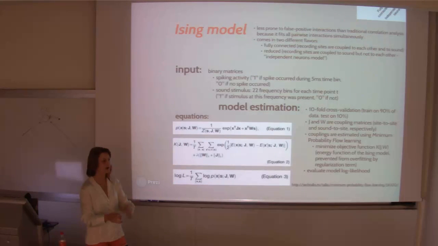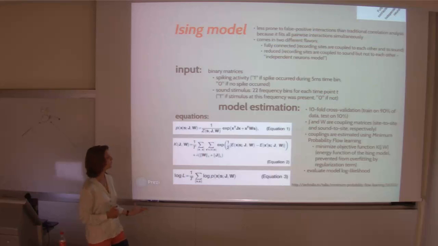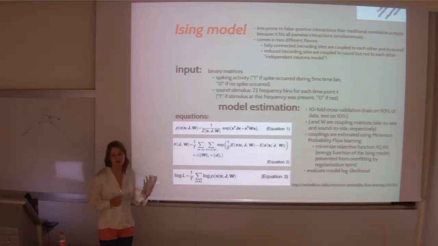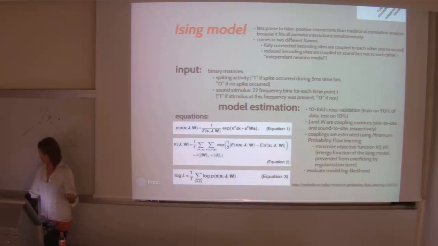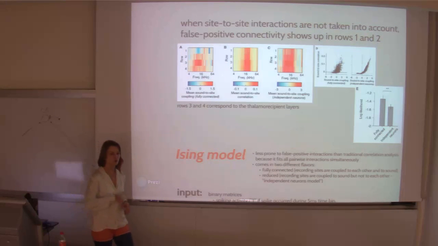You take 80% of the data, learn, test on 20%, then take a different 80%, learn, test on 20%, until you've learned from all data and tested on all data. So you get a pretty good estimate of how well your model actually works. Now, in order to also compare the Ising model with traditional cross-correlation analysis, they also took a reduced form.